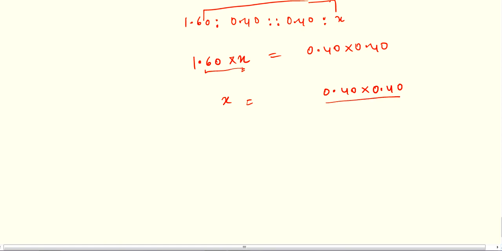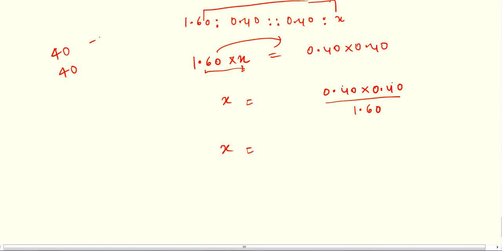Here we are multiplying by 1.60, so on transposing to the right-hand side we have to divide by 1.60. Now x equals 0.40 into 0.40. Clear? You can multiply directly here.